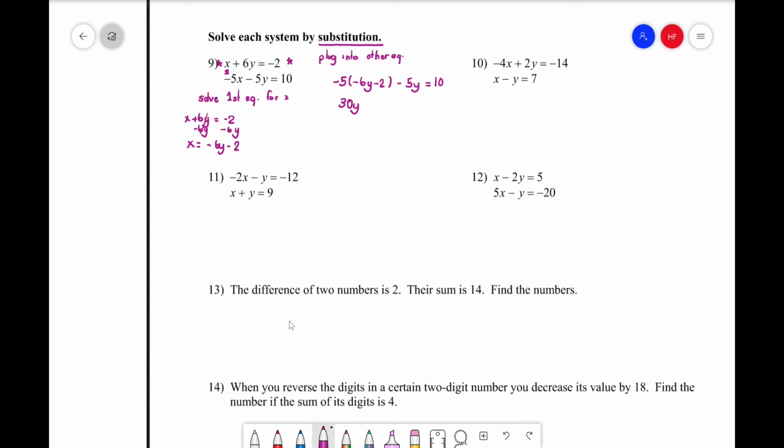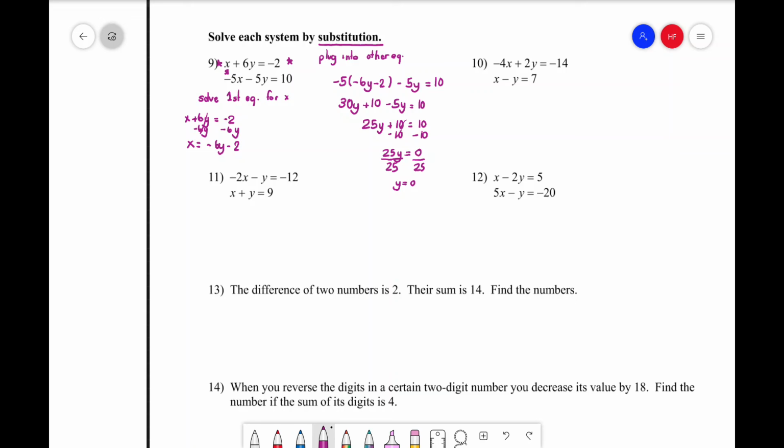So I get positive 30y plus 10 minus 5y equals 10. We have 30 minus 5 for those y's, so we get 25y plus 10 equals 10. Minus 10. 25y equals 0. Divide by 25. And we get that y equals 0.